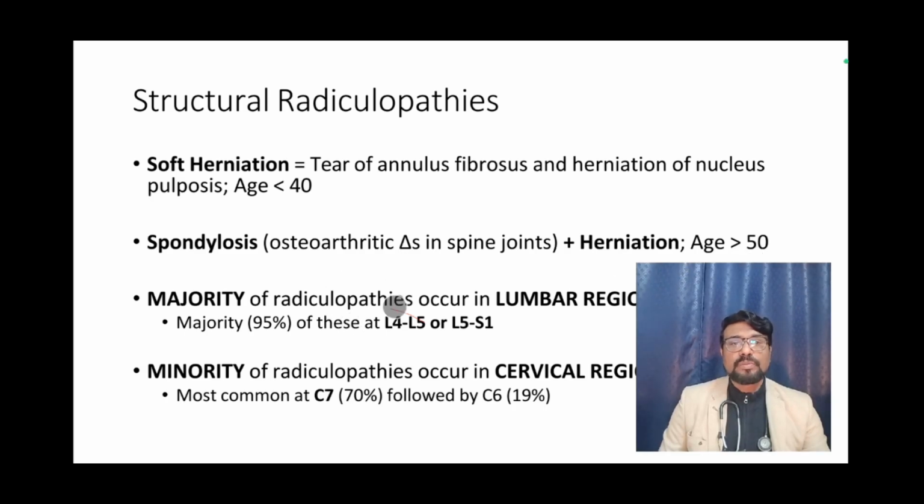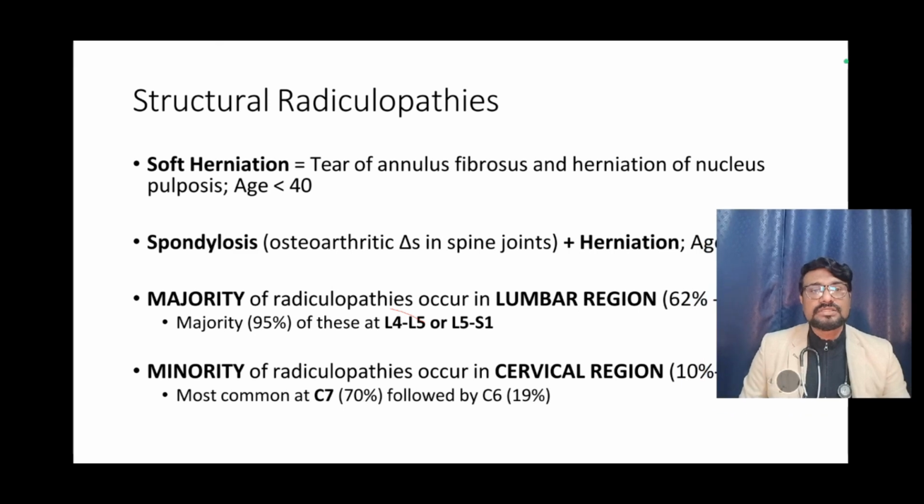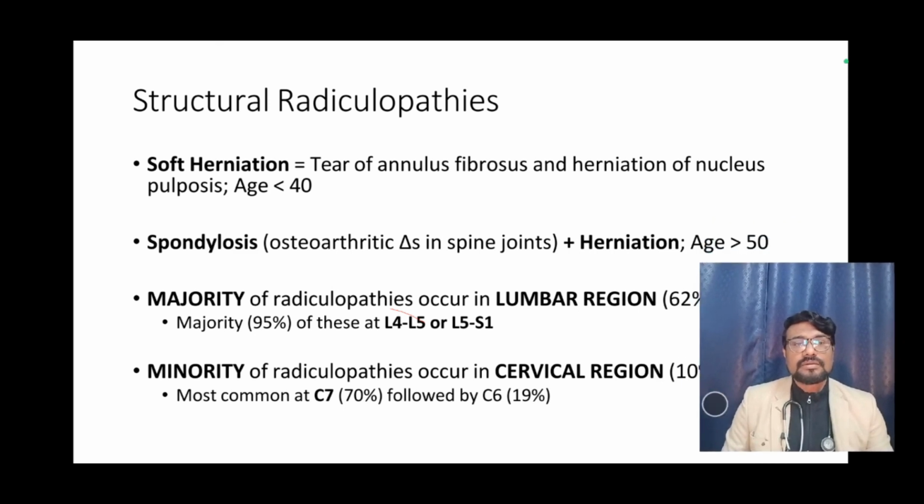The majority of radiculopathies occur in the lumbar region, and a minority occur in the cervical region, most commonly C7. In the lumbar region, the L4, L5 or L5, S1 levels account for 95% of cases.